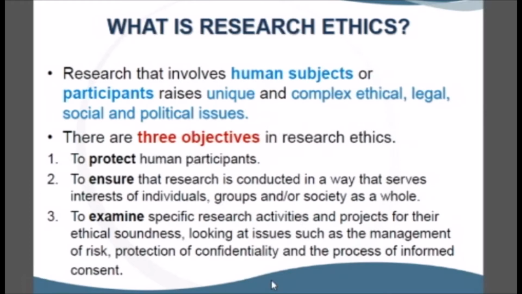We look for issues that might pose possible risks to the researcher, the institution, as well as the participants, to protect the confidentiality of the participants, as well as to ensure that the process of informed consent has taken place.